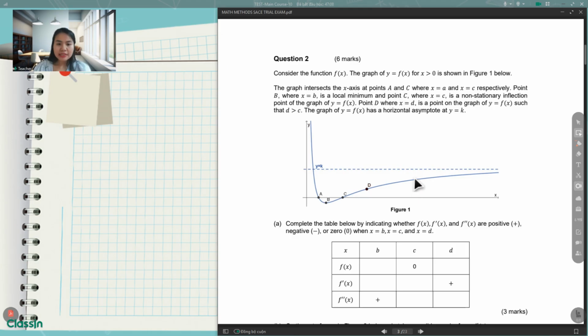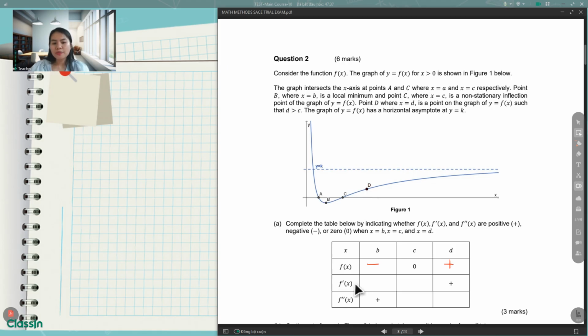So take a look. Point B is below the x-axis, so f(B) is negative. Point C is the x-intercept, so f(C) is equal to 0, the y-coordinate of point C is 0. Point D is on the graph, but it is above the x-axis, so f(D), the y-coordinate of D, is positive.